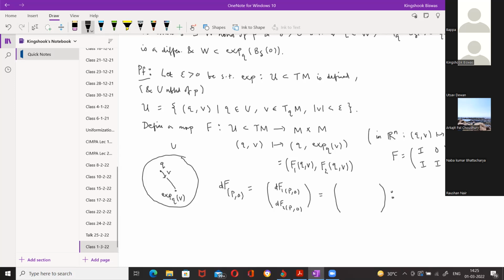Now, del del x1 to del del xn, those are a basis of the tangent space at P. And what about del del y1 to del del yn? Well, y1 to yn are coordinates. If I fix the point P and I vary the vector v, then the x1 to xn coordinates stay fixed and the y1 to yn coordinates vary. So the y1 to yn are coordinates on TPM for a fixed x.